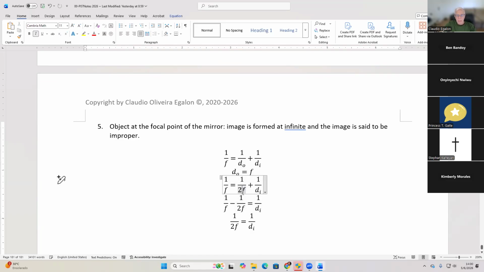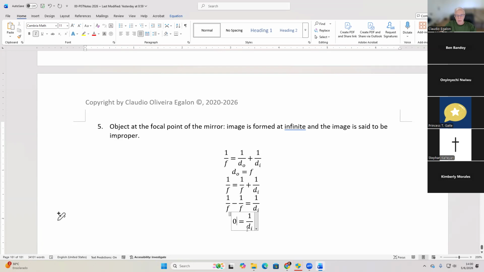If it's exactly equal to f, the first term on the right side becomes 1 over f. We pass 1 over f to the left side, and we have 0 on the left side.